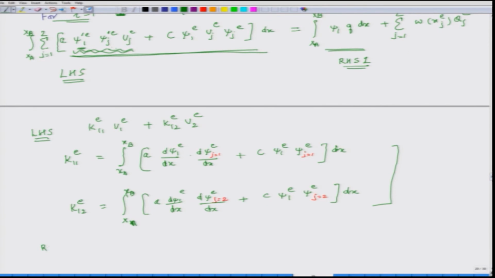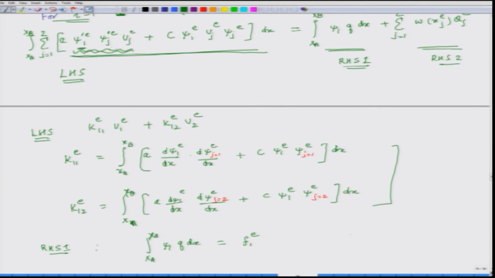So, RHS 1 is the integral from xa to xb of psi 1 q times dx. This I call f1 e. Okay. This is f1 e, and this term is RHS 2.